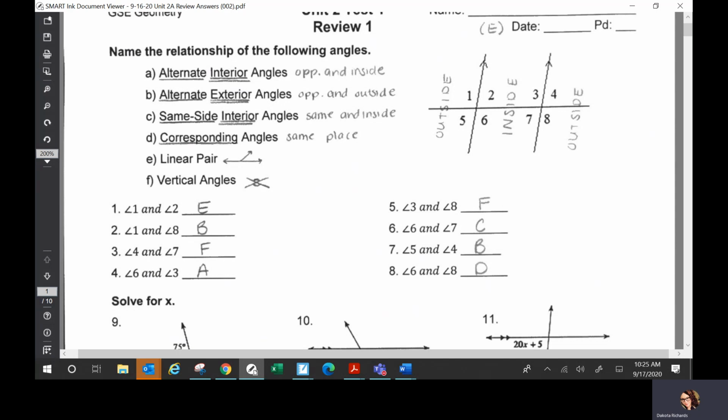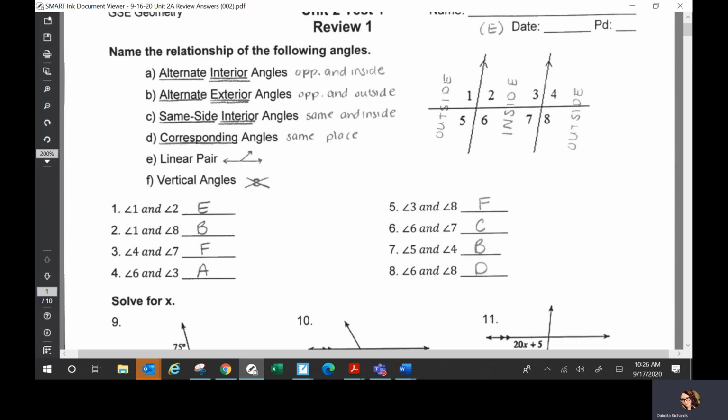Number 1 was E, number 2 is B, number 3 is F, 4 is A, 5 is F, 6 is C, 7 is B, 8 is D. You're just determining what kind of angles you have there. Any questions?